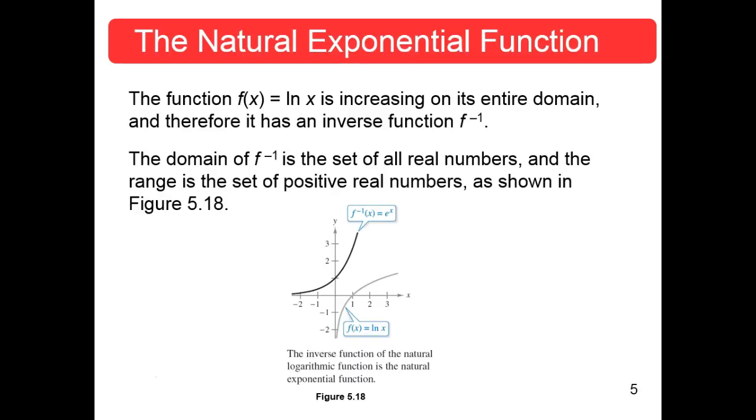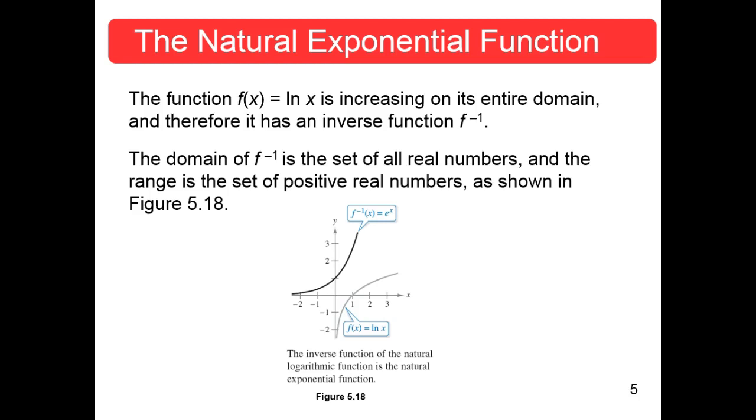So let's look at the natural exponential function. The function f of x equals log x is increasing on its entire domain like this, and therefore it has an inverse function, f inverse. The domain of f inverse is the set of all real numbers. Why? Because the range of log x is all real numbers.